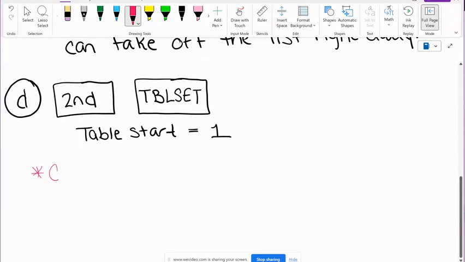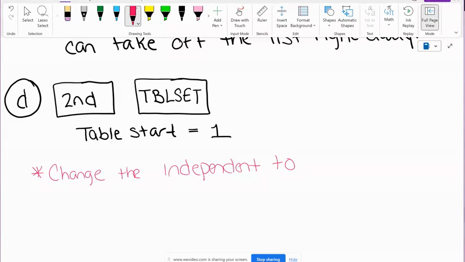We're going to change the independent to ask. This is going to allow us to enter in our own x values.